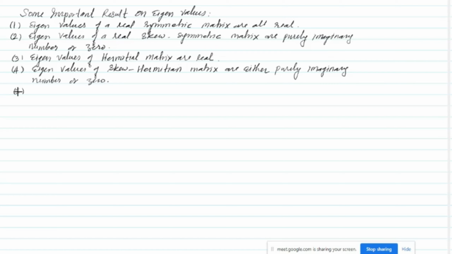The fourth property says that eigenvalues of a skew Hermitian matrix are either purely imaginary or zero.